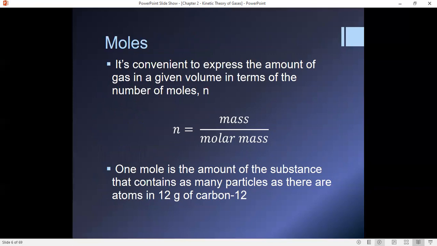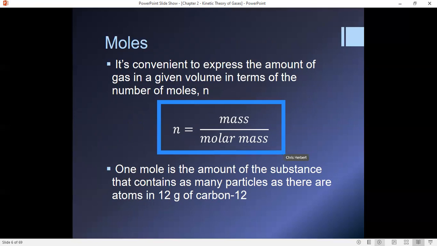Now, oftentimes, because that N that we showed you before, the big N, the number of molecules, can be a very, very large number, we replace capital N with a small n, which is the number of moles. The number of moles is equal to the total mass of the gas divided by the molar mass. That's the number of kilograms or grams per mole of a particular gas.